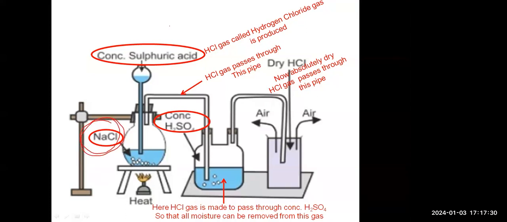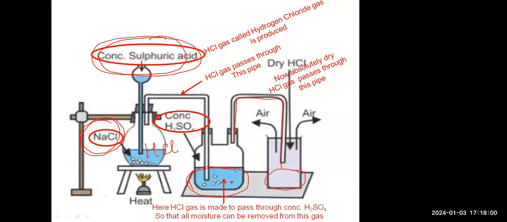NaCl, sodium chloride, reacts with concentrated sulfuric acid to produce HCl, hydrogen chloride gas. This gas contains some moisture. We want to remove the moisture. So let it come in contact with another beaker having sulfuric acid. This sulfuric acid will remove water. Now HCl gas in dry form is collected.